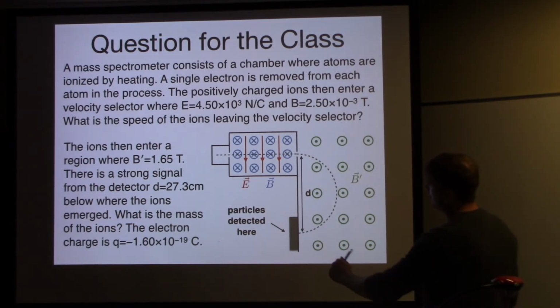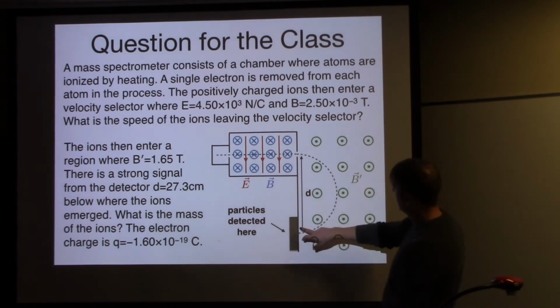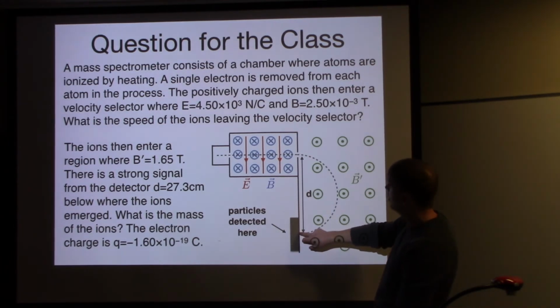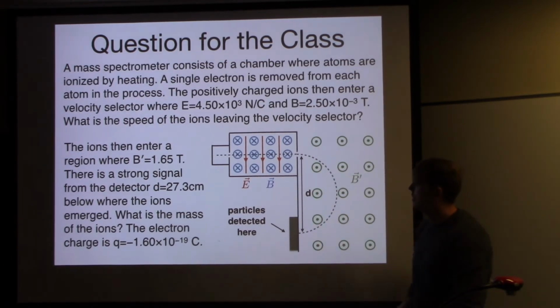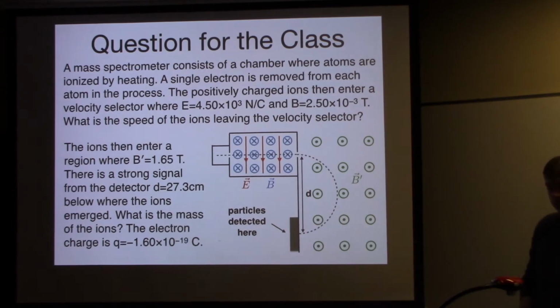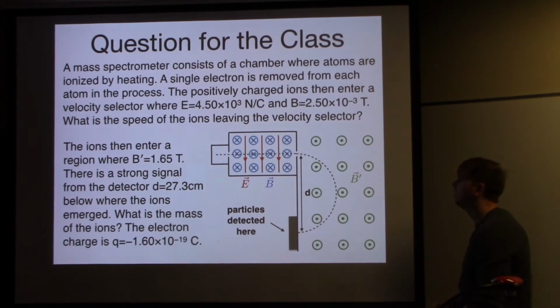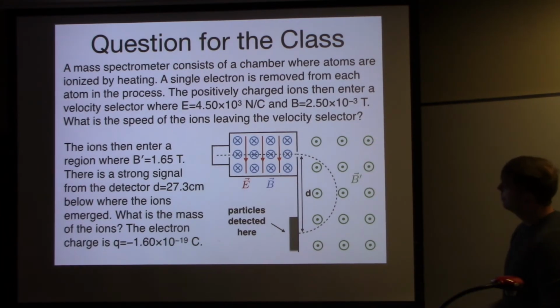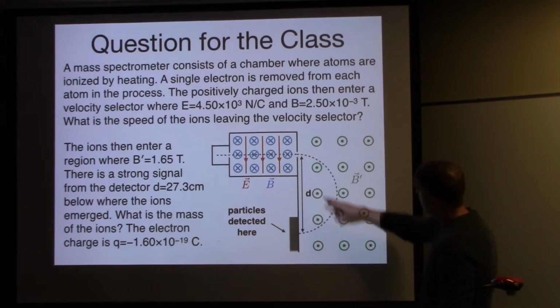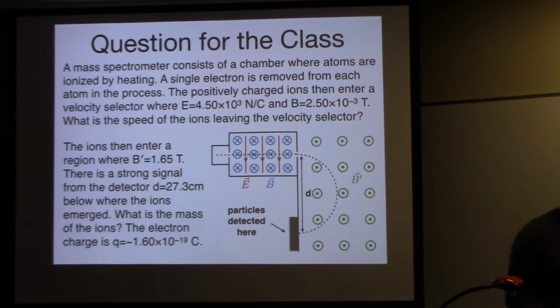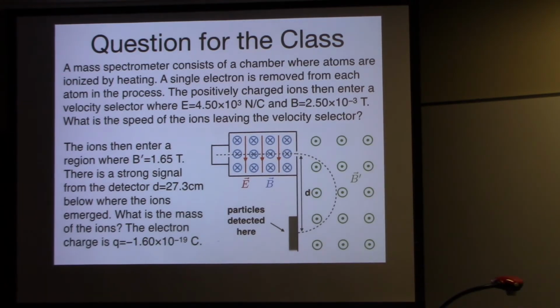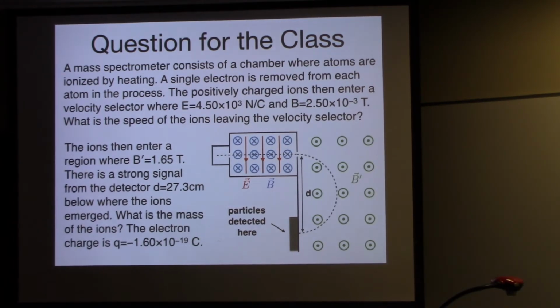Okay, there is a strong signal from the detector 27.3 centimeters below where the ions emerged. Okay, what is the mass of the ions? That's the question. Well, one thing I want to point out is this distance is just a diameter. It's the diameter of the circle we move in. And I guess now we can make the calculation.